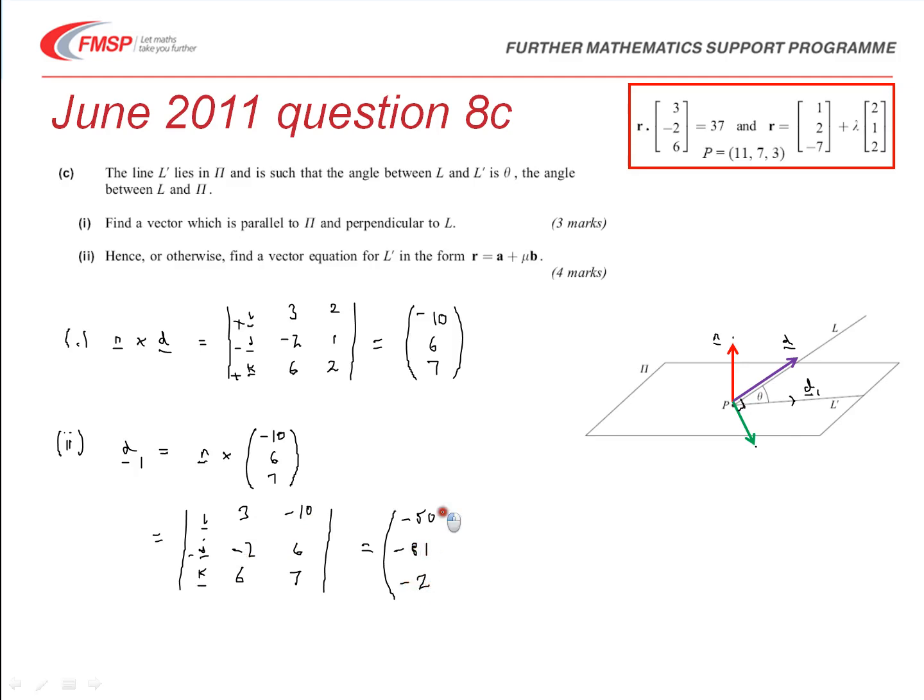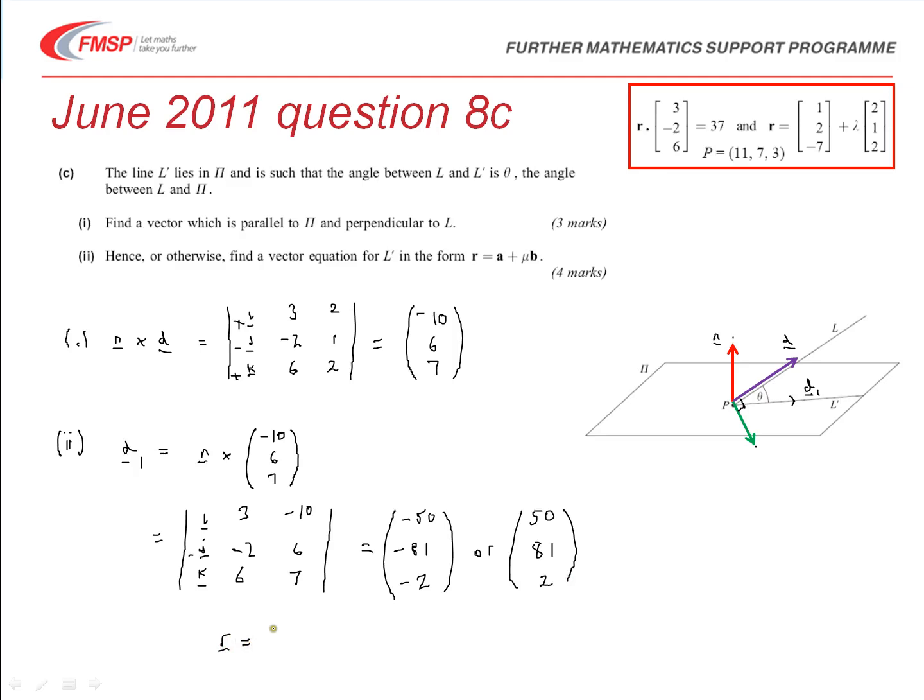Well, all of those signs on that vector are negative, so remember the direction vector can be in either direction, so we can quite happily use 50, 81, 2 to avoid all the negative signs. And so your position vector will be a point on the line.